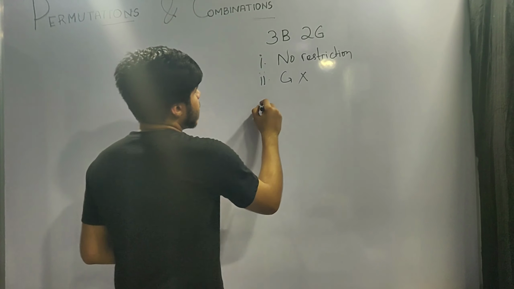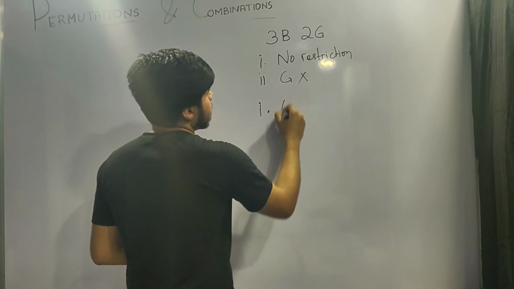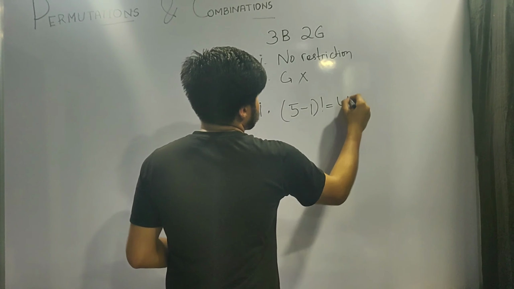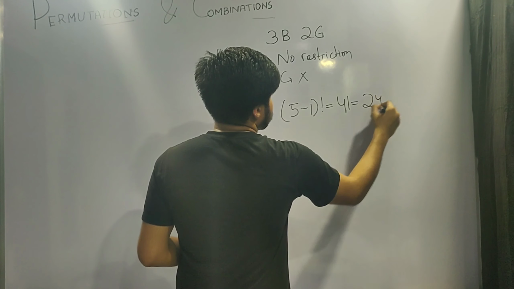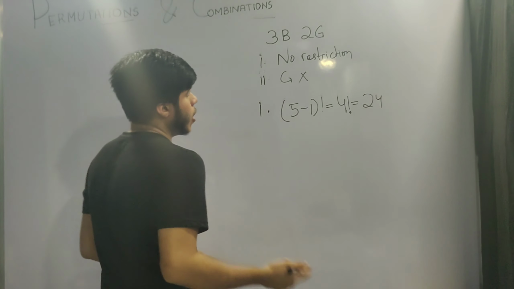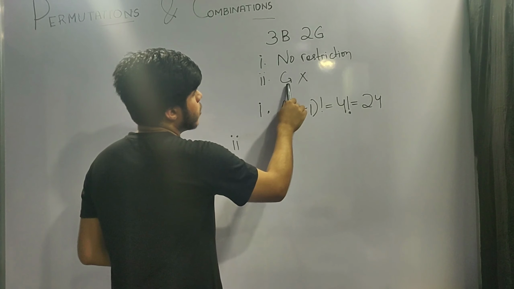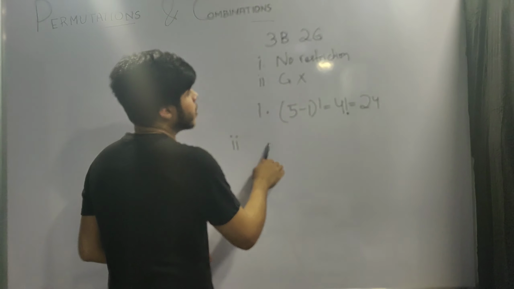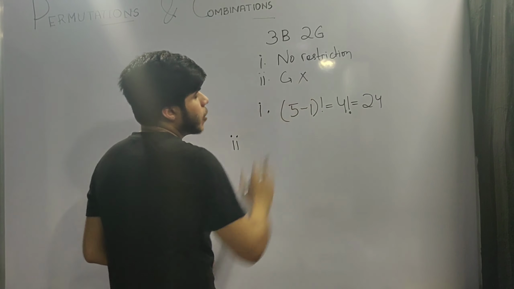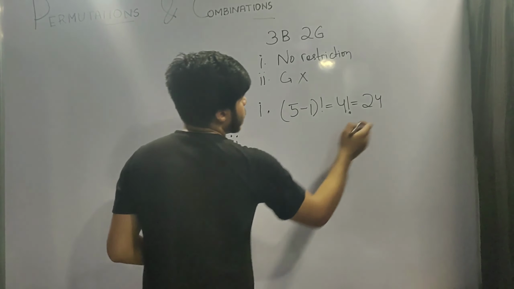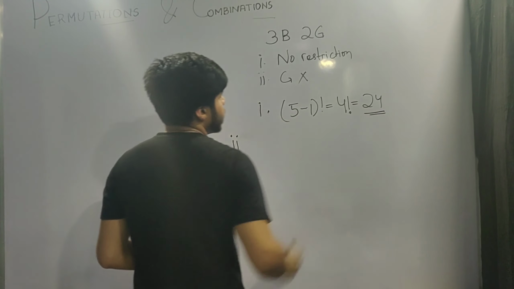In the first case I can directly write the answer as (5 minus 1) factorial, that is 4 factorial, which is equal to 24. Now moving ahead to the second case, it says that both the girls should not sit together. We solve this problem by finding the number of cases in which they will sit together and subtracting them from the total number of cases, that is 24.